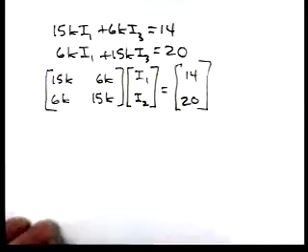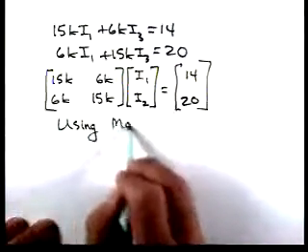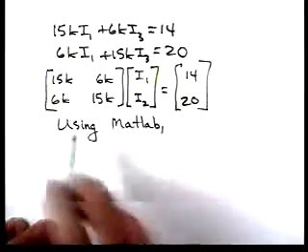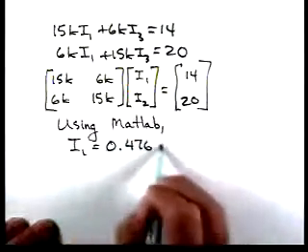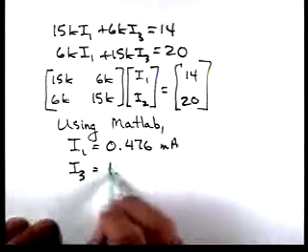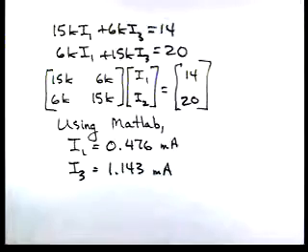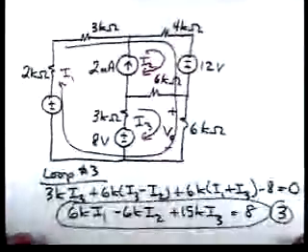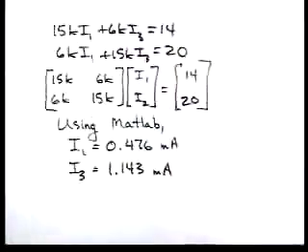Okay. So now if we enter this into MATLAB and solve, we'll get I1 is equal to 0.476 milliamps. I3 is equal to 1.143 milliamps. And if we look back at our circuit, we can see that V0 now is 6K times I1 plus I3.